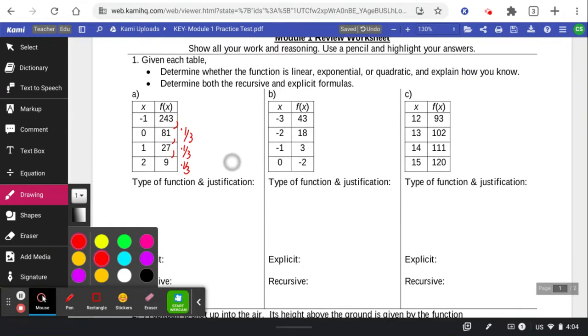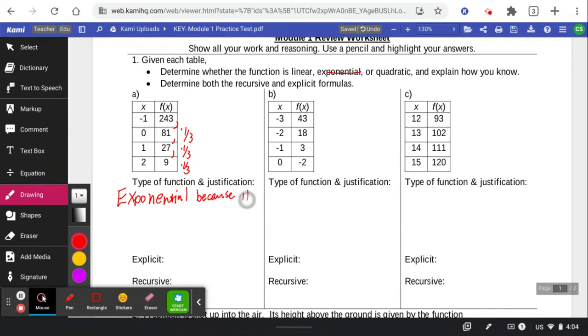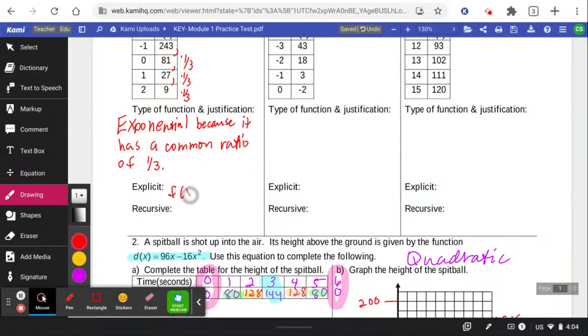And so we'd say that this function is exponential. Okay, then we go write the explicit and the recursive.